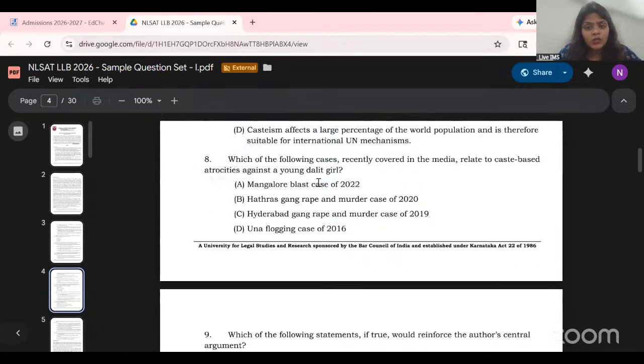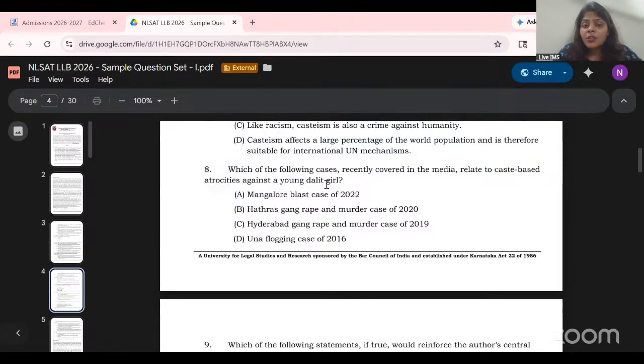Again, a GK based question, which is talking about which of the following cases recently covered in media relates to caste based atrocities against a young Dalit girl. The first option was related to the pressure cooker bomb blast that happened. Second is where a Dalit girl was gang raped and murdered.